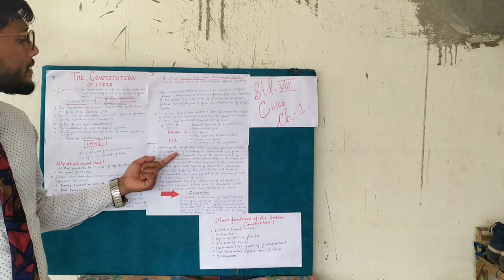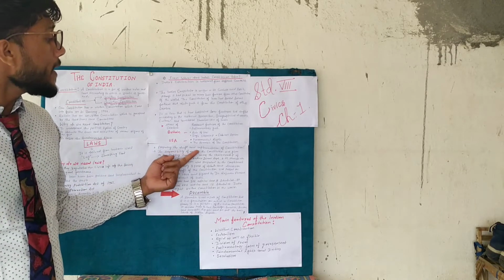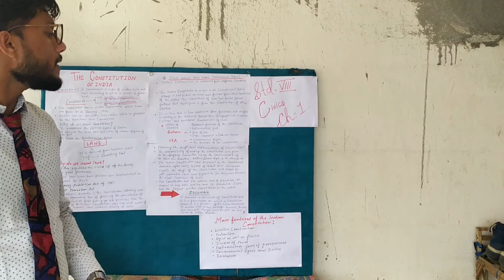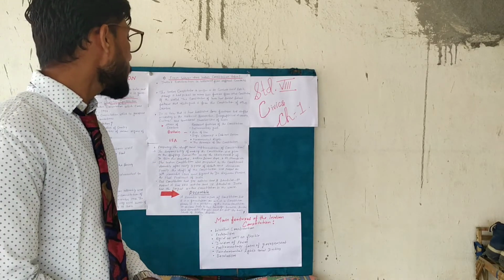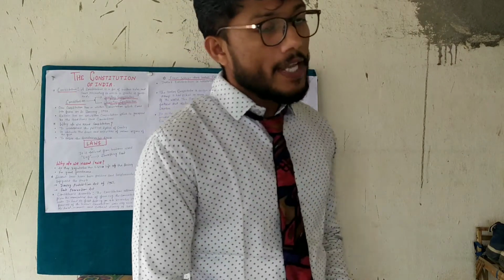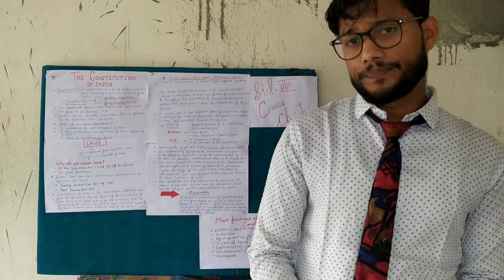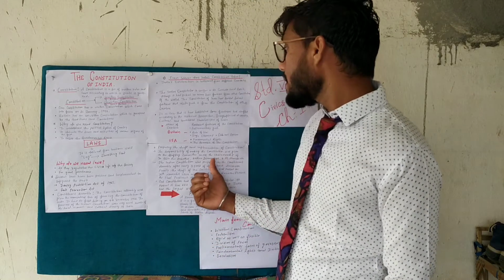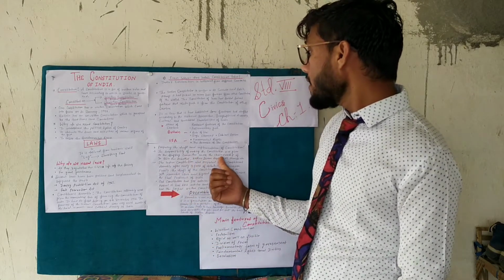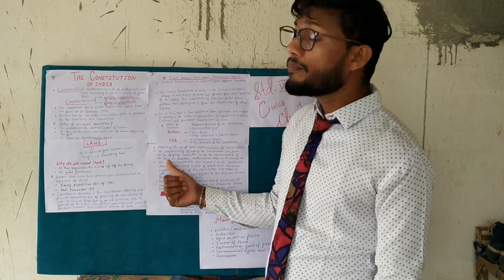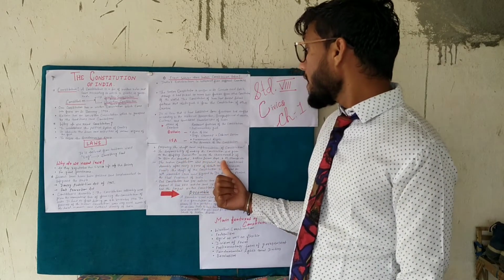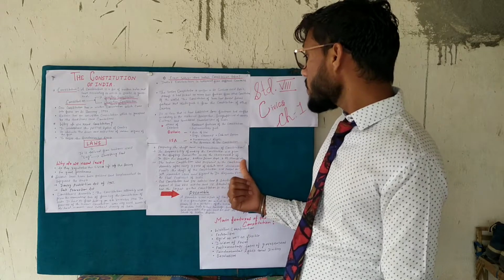Now, for preparing the draft and implementation of the Constitution, the responsibility was given to the Drafting Committee under the chairmanship of Bhimrao Ambedkar, with members such as Krishnaswamy Iyer and K.M. Munshi.